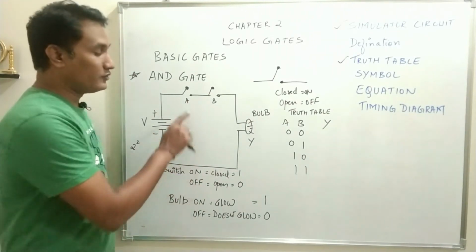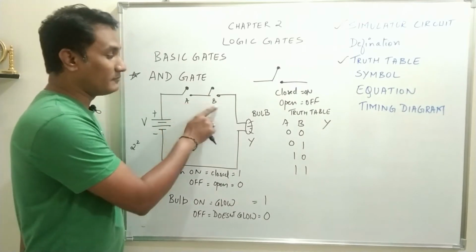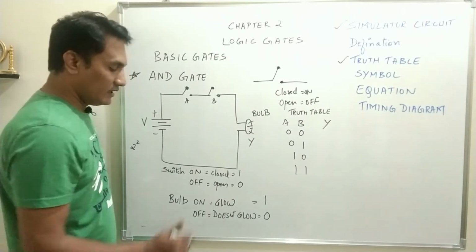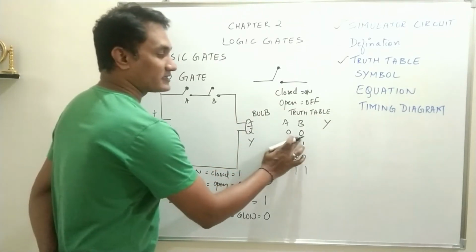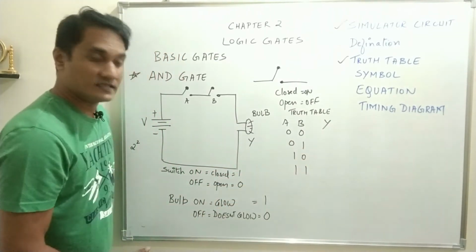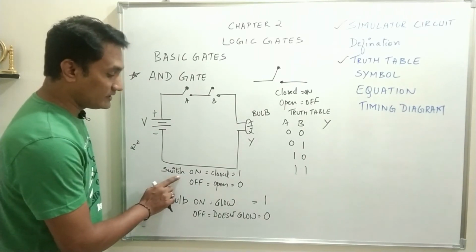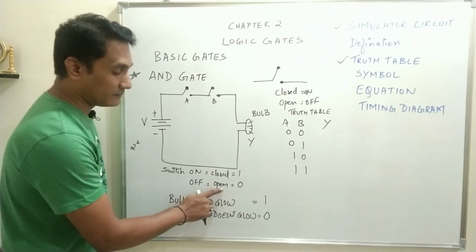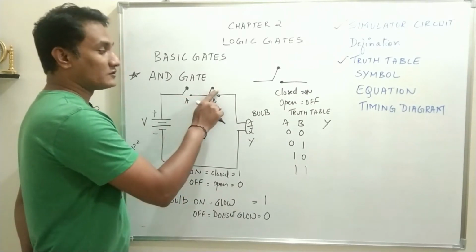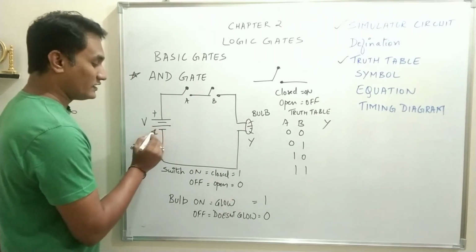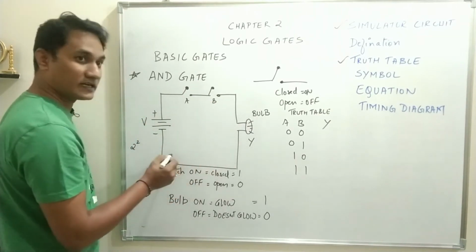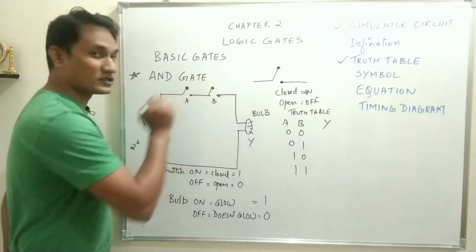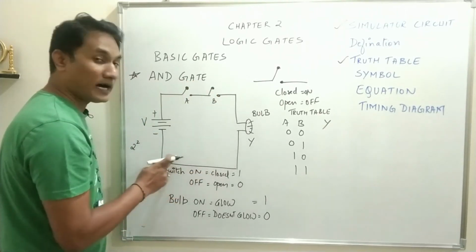As I said, the inputs, or what you can see, are connected in series. So now for the first condition, when A and B both are 0, what happens? When a switch is 0, it is in off condition, that means open state. So the switches are in open state. Now when the source is applied, current will flow through the circuit only when the switches are closed, when the circuit has a closed path.